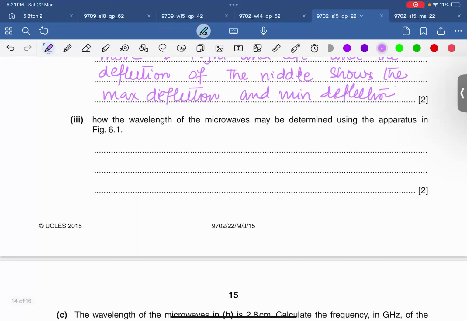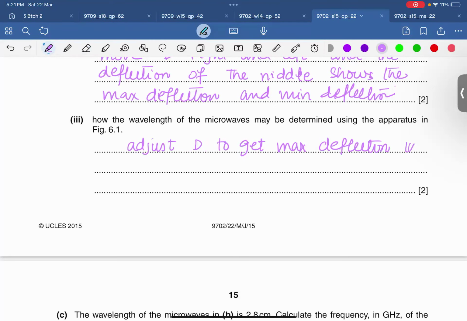So you can say: adjust the detector D to get the maximum deflection.